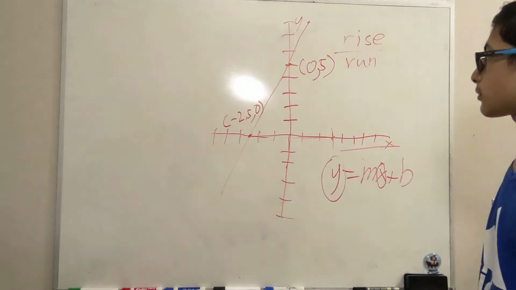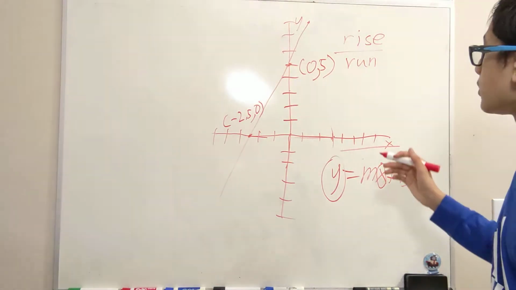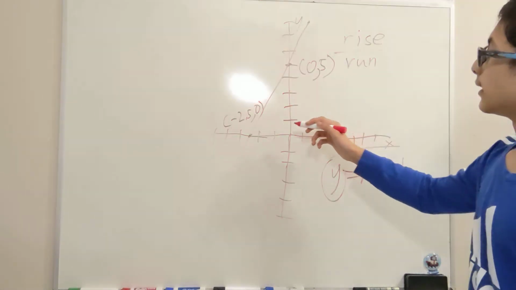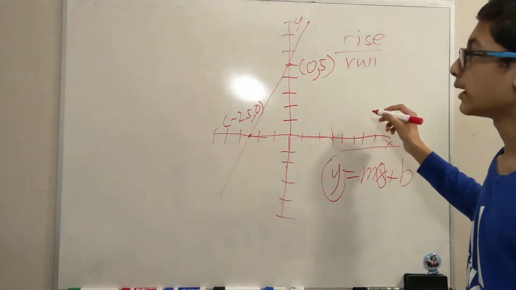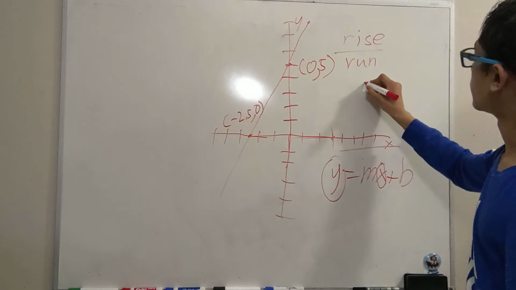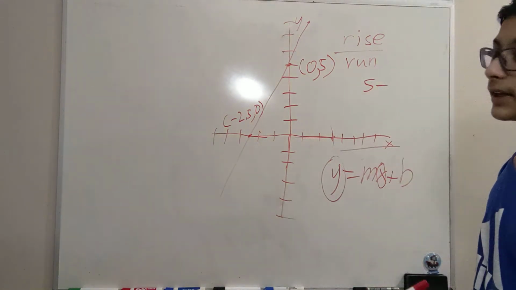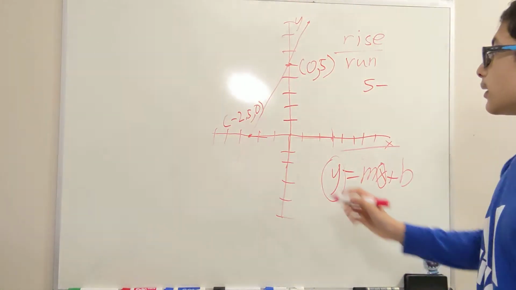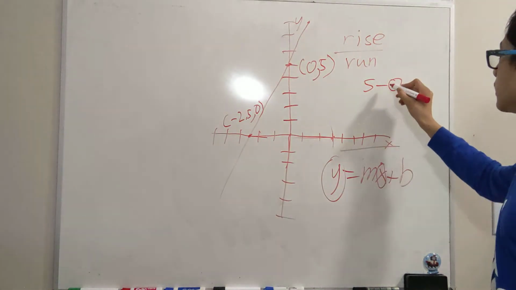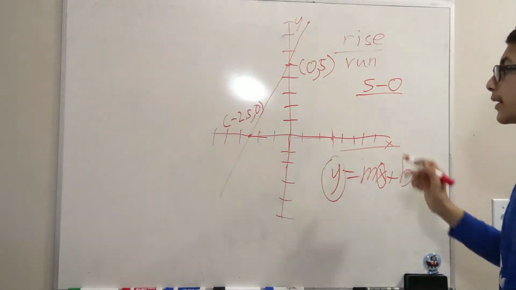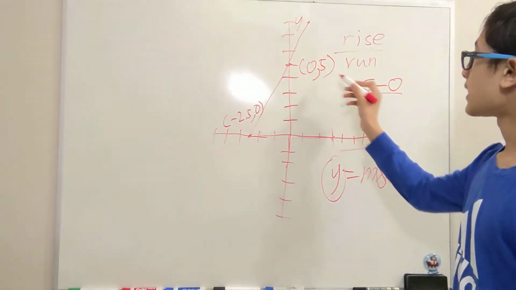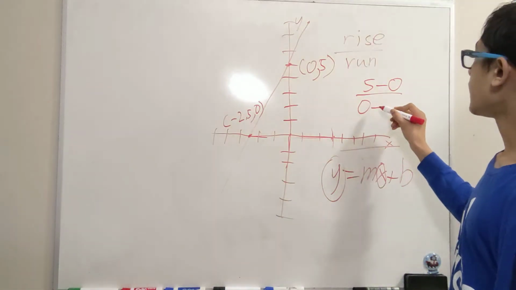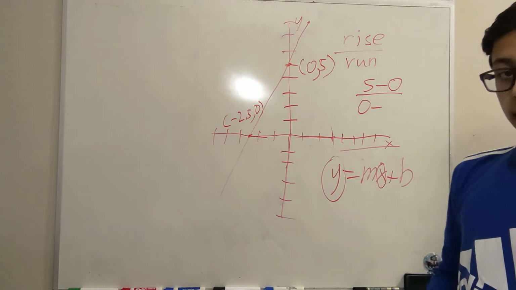So, rise over run: our rise here is the first y. We'll say this one is the first y. So here 5 is the first y, 5 minus your second y, which here is 0, divided by your run, how much it increases in the x direction, which is basically your first x, which here is 0, minus your second x. Here it gets a little tricky.